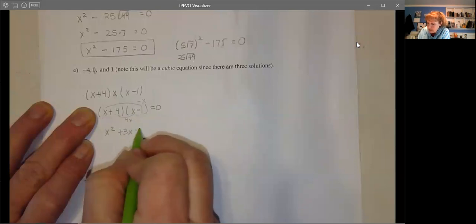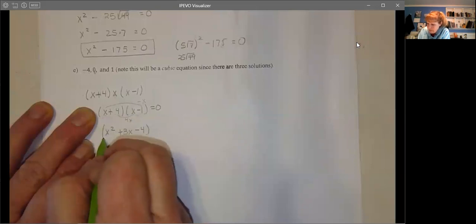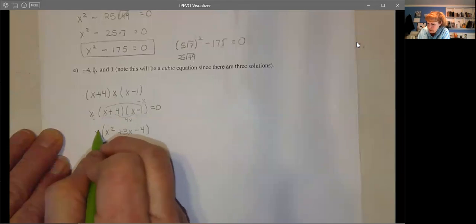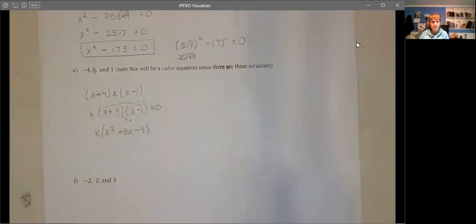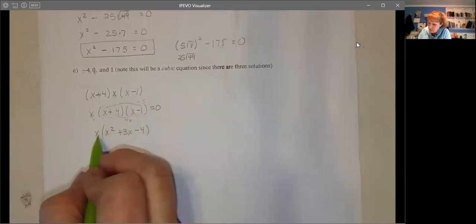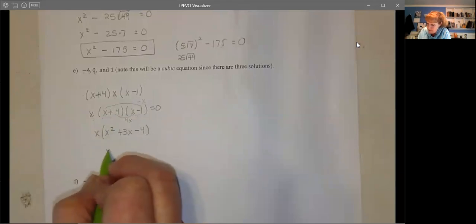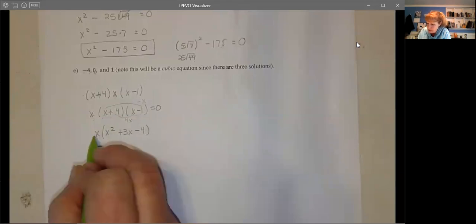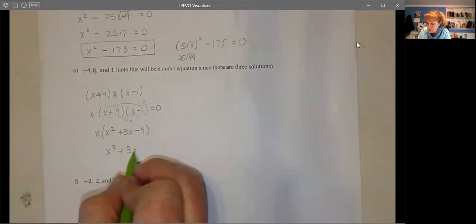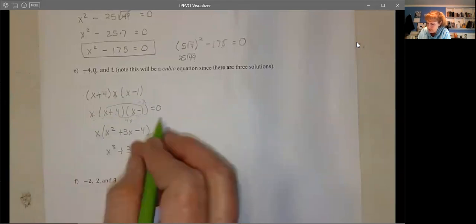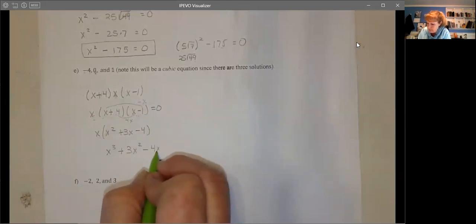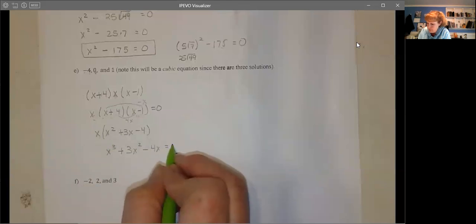Last times the last is minus 4. And then we take everything times the x after that. So this gives you x cubed plus 3x squared, adding exponents, minus 4x when you use the distributive property.